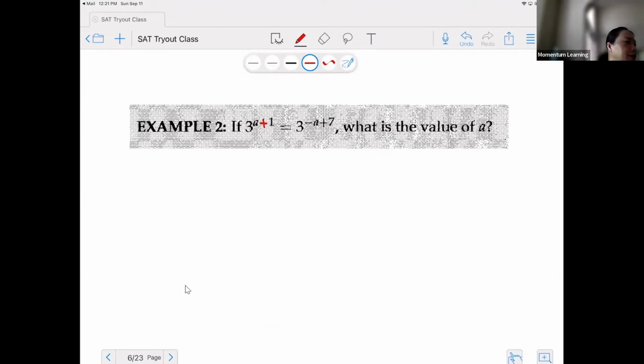I will first give you 2 minutes-ish, and then I will go over the strategy for this. If you already find the a value, type that in the chat, but I will definitely go over that.